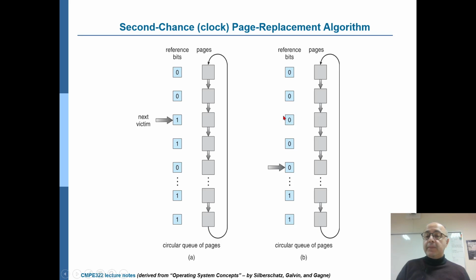If, for example, this one was accessed meanwhile, its reference bit will be set to 1 again. So next time this is to be considered as the victim, again it will be safe because its reference bit has been set to 1. But if this page, after it was reset to 0, was not accessed at all, that page has been given a second chance, and unfortunately it didn't use it. So it would be selected as the next victim.